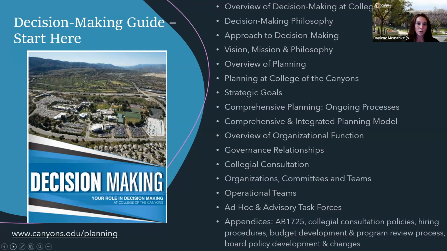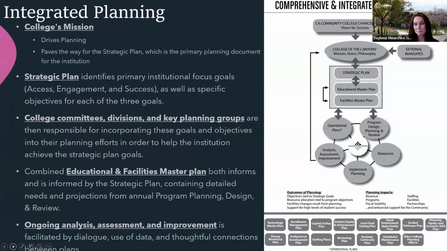It provides a really good overview of how we approach decision-making at the college, an overview of our planning, our strategic goals, also the governance relationships, including collegial consultation and our operational teams, and much, much more. But it's really a good place to start if you want to get a good sense of how decisions are made here at the college and the processes.